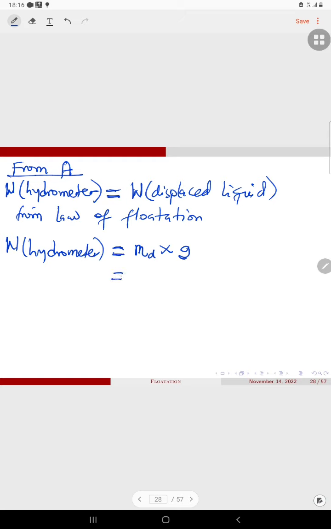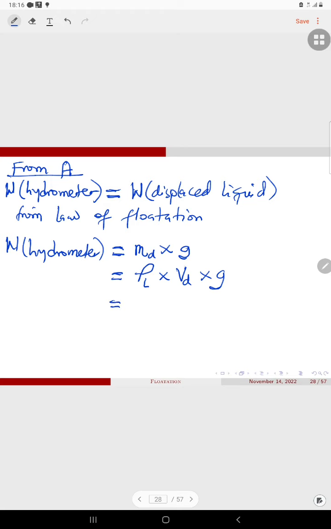And this is the same as the density of the liquid times the volume of the displaced liquid times g. So that is for figure A.